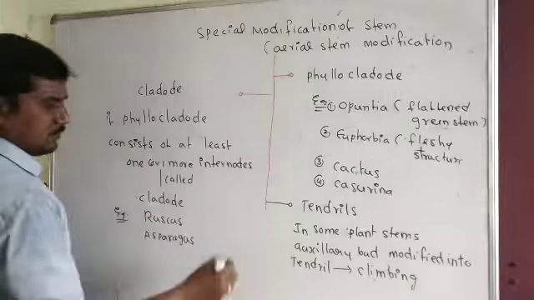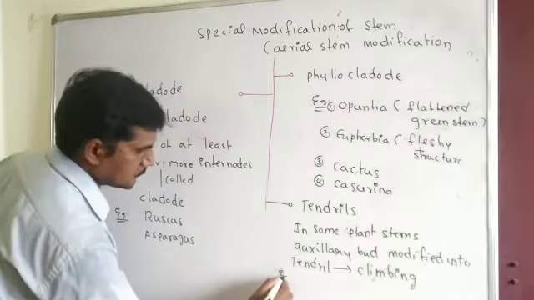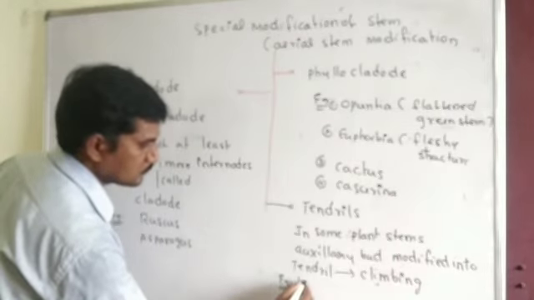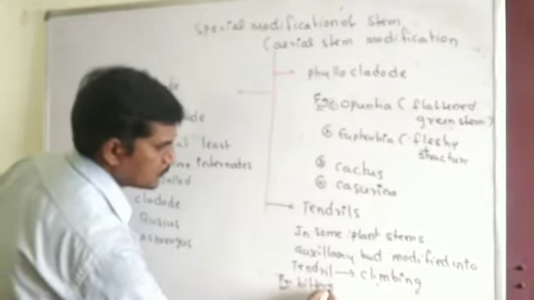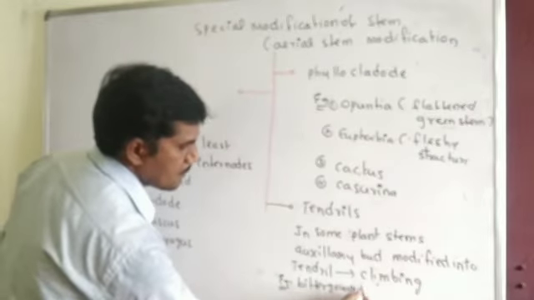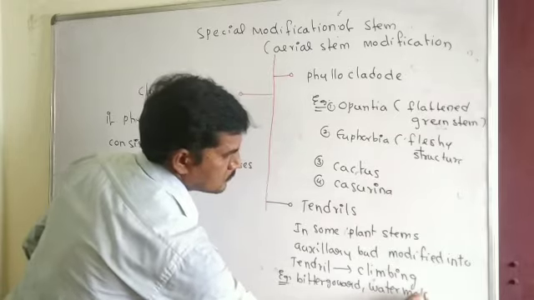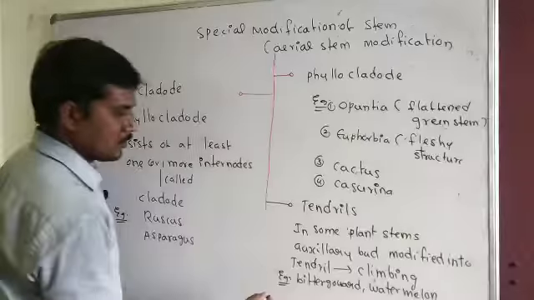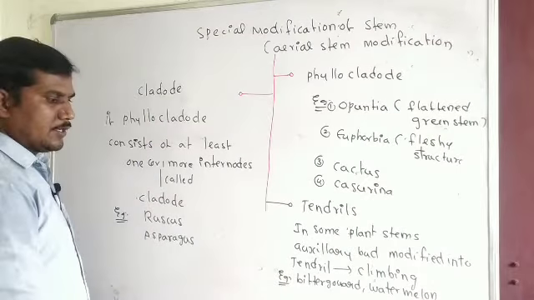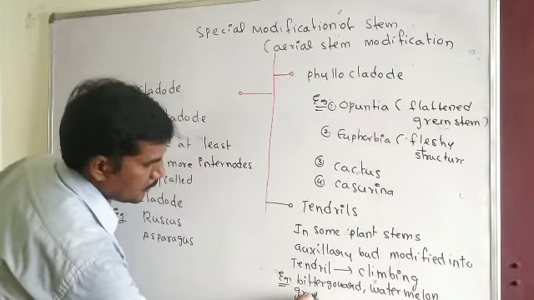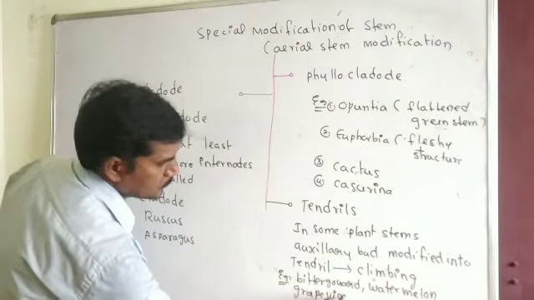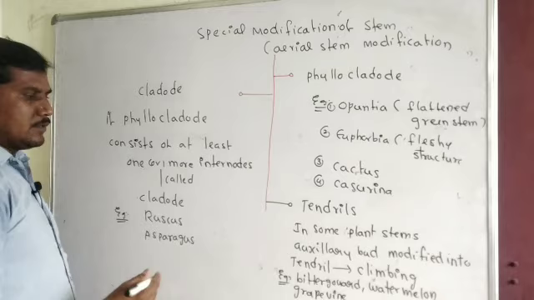Example for the modification of stem into tendrils: bitter gourd, watermelon, and grapevine. So these are examples of tendrils.